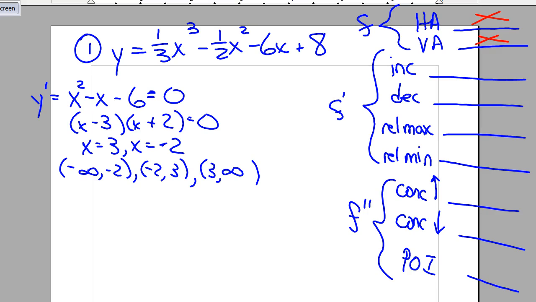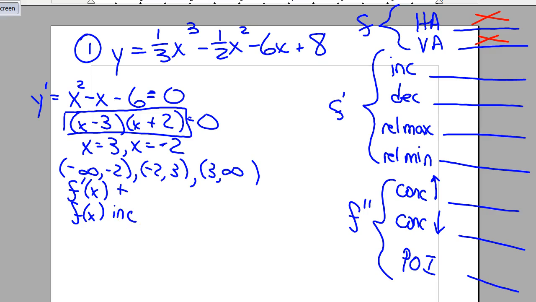So if I plug in like -10, I'm going to use this. -10 will give me a negative number there, and a negative number there, so f prime of x is positive, which means f of x is increasing. So we're increasing from -infinity to -2.